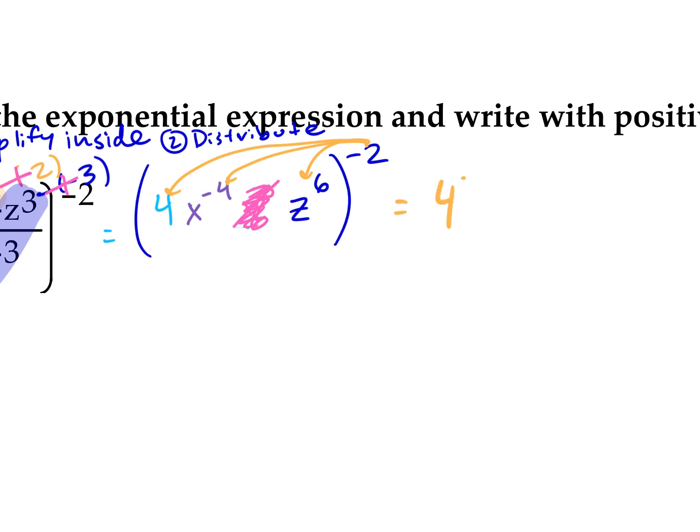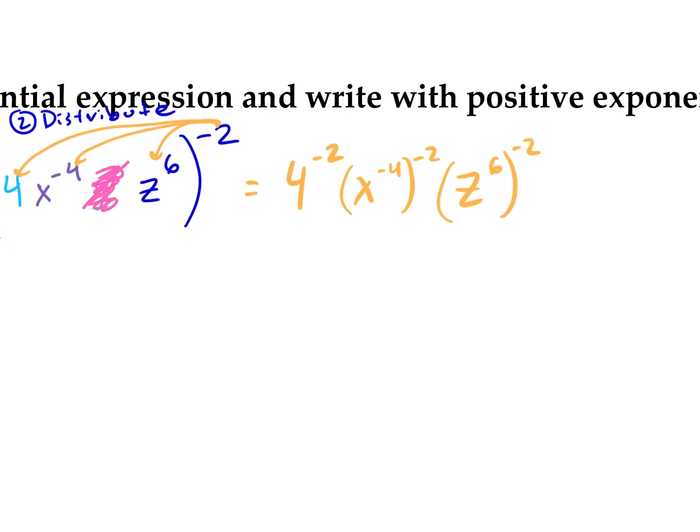So we distribute it to everything that's left on the inside. So we have 4 to the power of negative 2. X to the power of negative 4 to the power of negative 2. And z to the power of 6 to the power of negative 2. What can I do next?